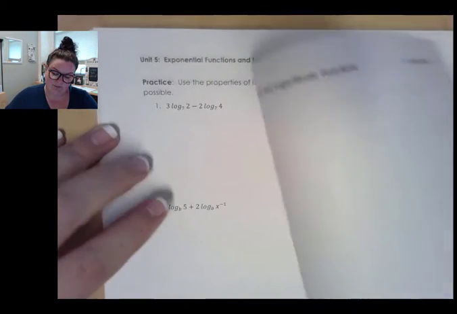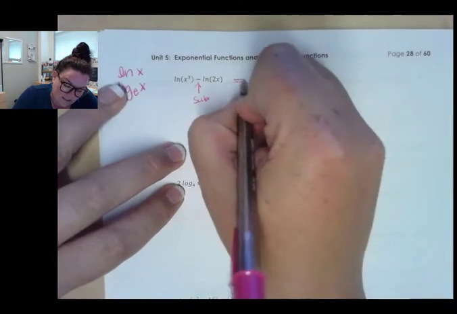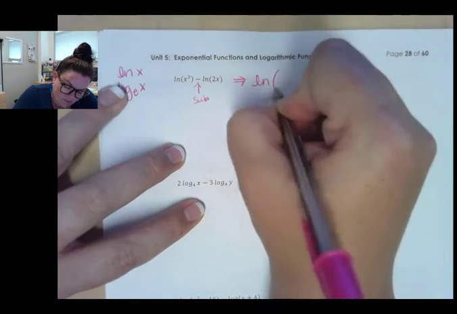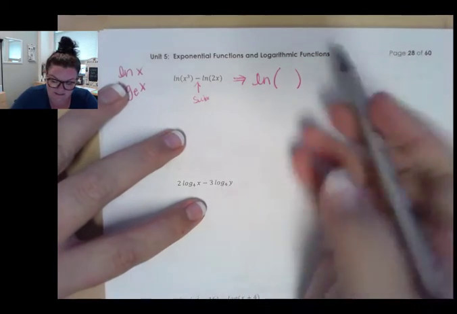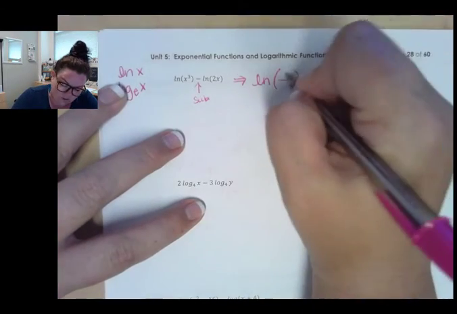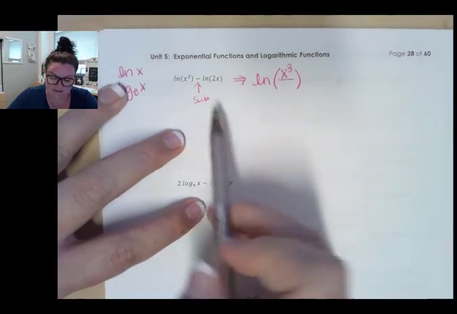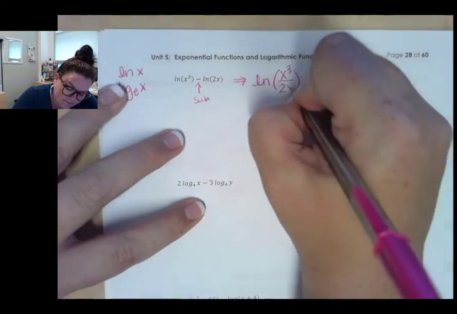So I'm going to go ahead and apply that to this one. So if I want to write this as one single ln term, I know that it was a quotient because I see the subtraction, and the positive term, my x cubed, goes on top, and the term that's being subtracted is the one that goes on bottom, 2x.